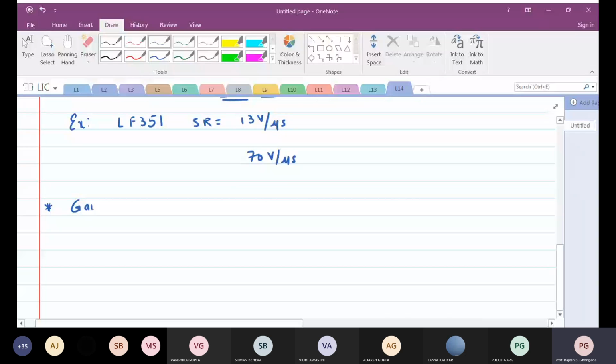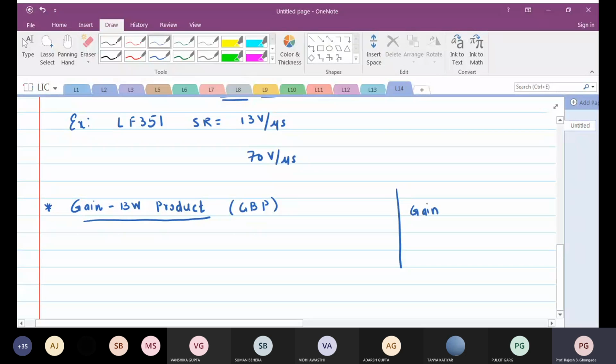The gain bandwidth product, it is termed as GBP. Now we know one thing: for amplifiers, we have one very important relation, that always the gain into bandwidth is equal to, anyone?